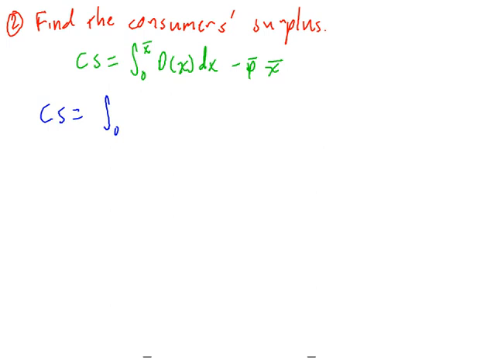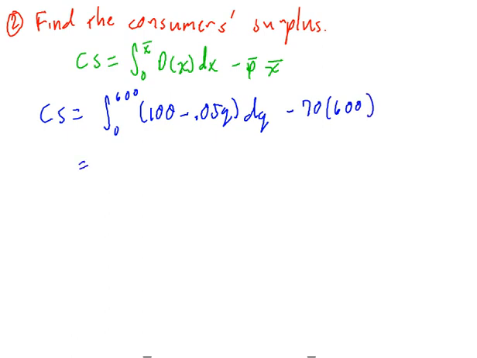We're doing it under market equilibrium, and we saw that the quantity in that case would be 600, of d of x, our demand function, which in this case is 100 minus 0.05Q dQ, minus p bar, our unit price, which we found to be 70, times x bar, which was 600.